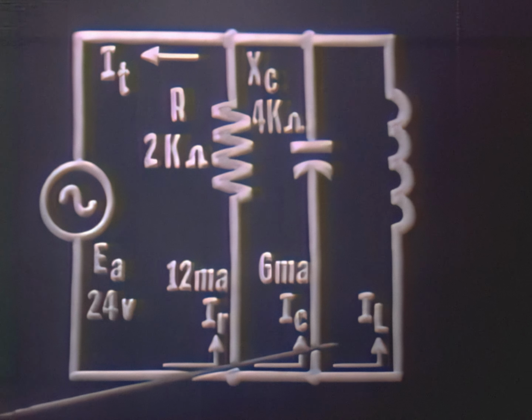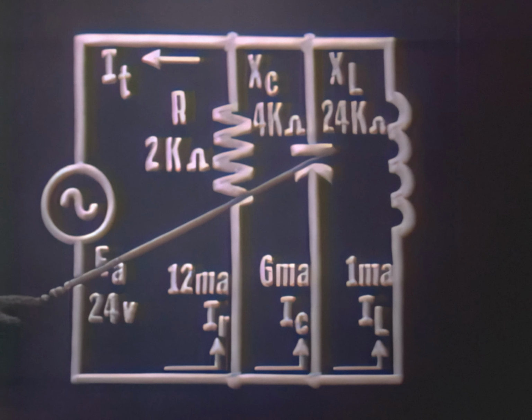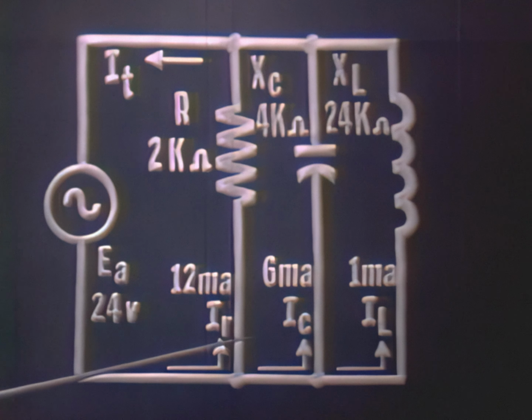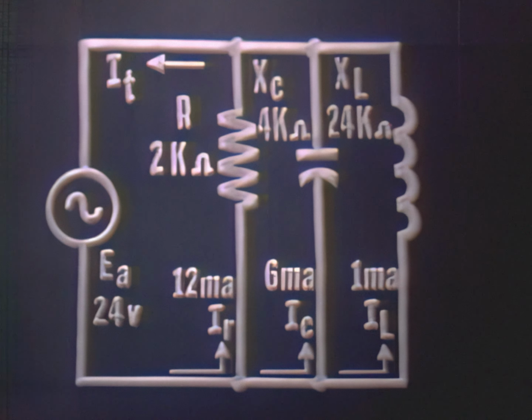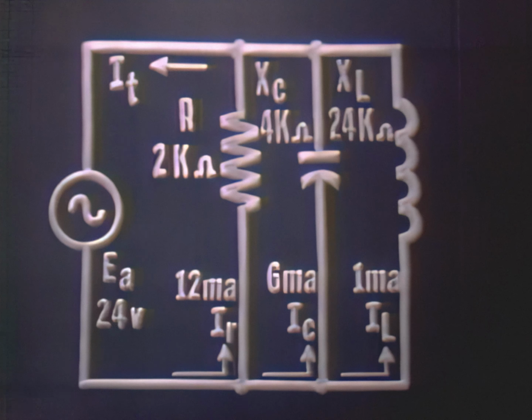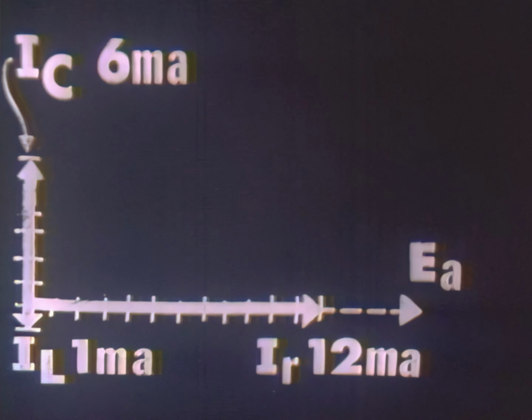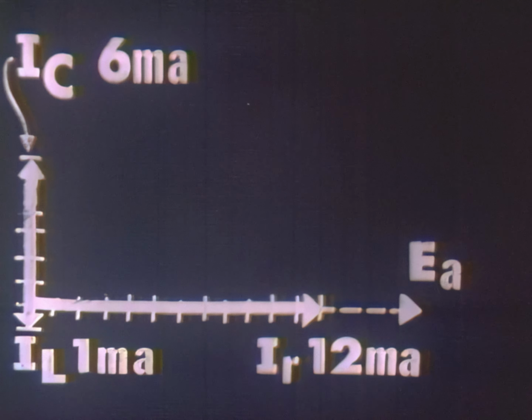Our third current, IL: let's assume we have an inductive reactance of 24K ohms with 24 volts applied. By Ohm's law, we would then have 1 milliampere of current flowing. This would appear on our vector this way, where IL is lagging IR by an angle of 90 degrees, or IL is 1 unit long.